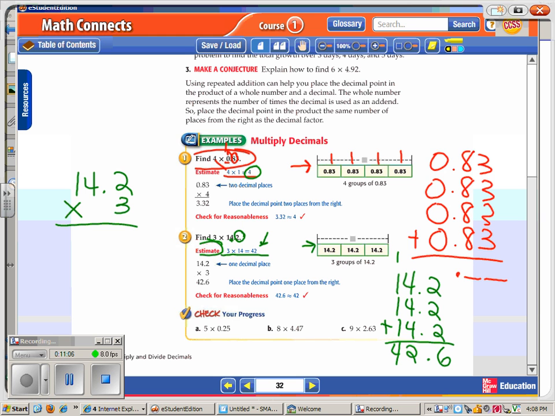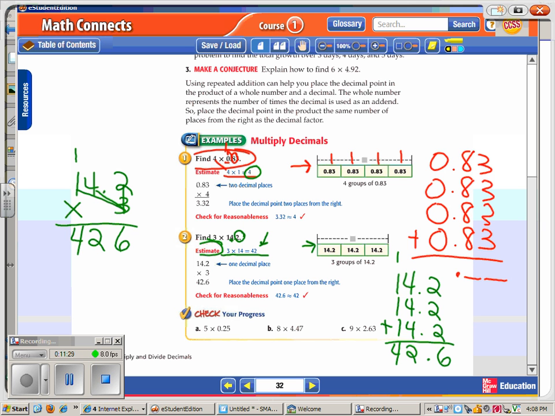And we have 14 and 2/10 times 3. Okay. So starting with 3 times 2/10, we have 6/10. 3 times 4, we have 12. We're going to put the 2 down and bring that 1 up because we've made the 1 up into the tens place because we've made another 10. 3 times 1 ten is 3 tens, plus 1 more 10 is 4.